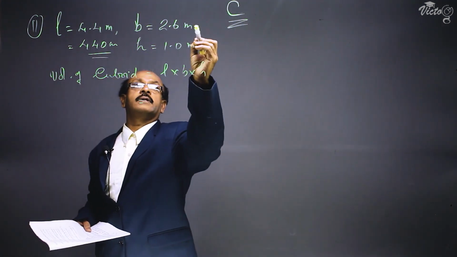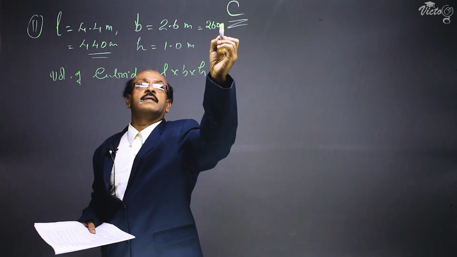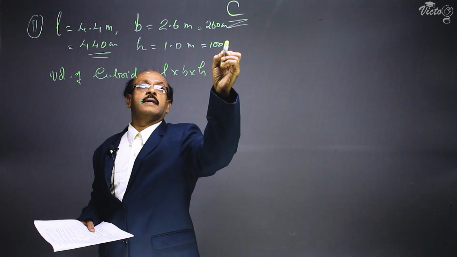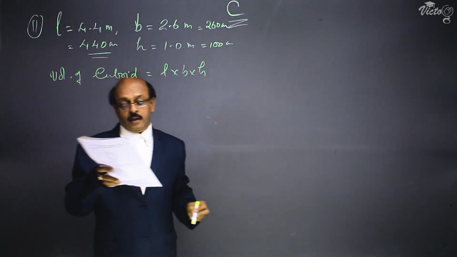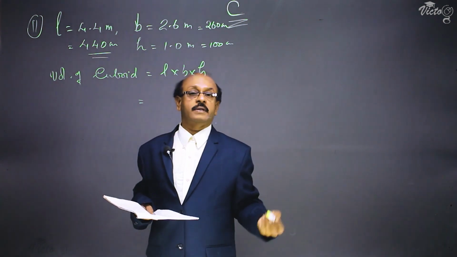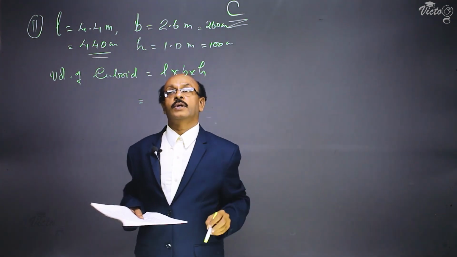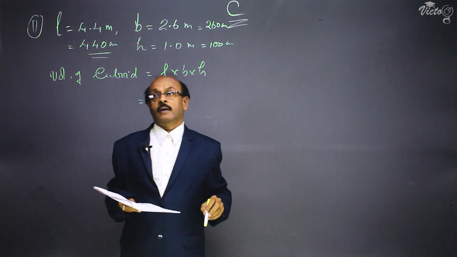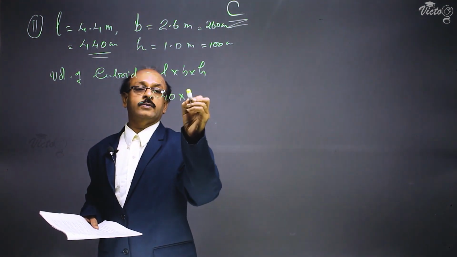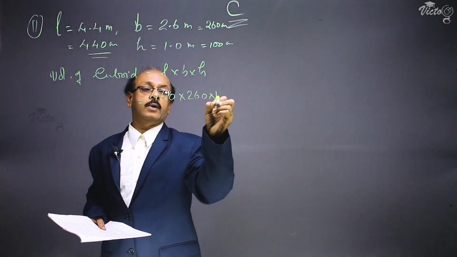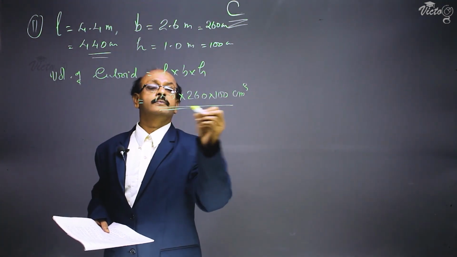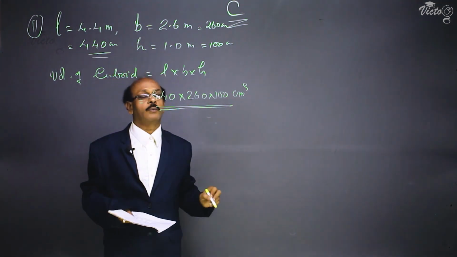Here we can convert it as 260 centimeter and here it is 100 centimeter, because the measures of the cylindrical pipe are given in centimeters. So we are converting here also into centimeters, which is equal to 440 into 260 into 100 centimeter cube. We obtained the volume of the cuboid.